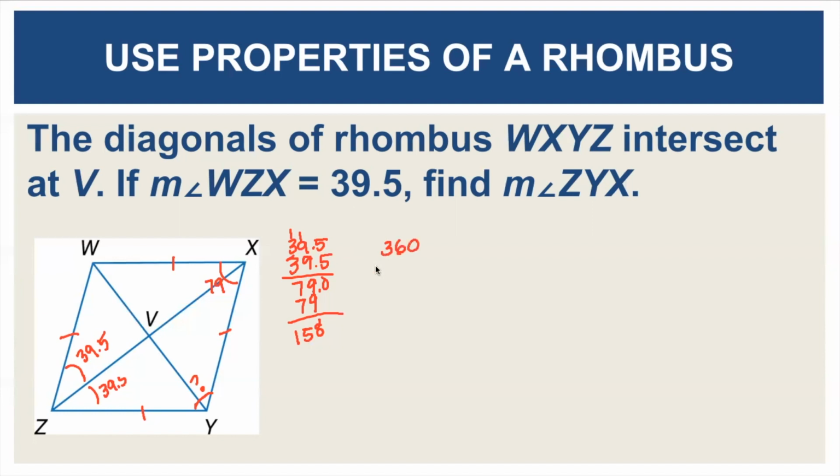We're going to do 360 minus 158, and we get 202. Then we're going to divide that by 2, and we get 101. So this angle is 101 and this angle is 101. So the measure of angle ZYX is 101 degrees.